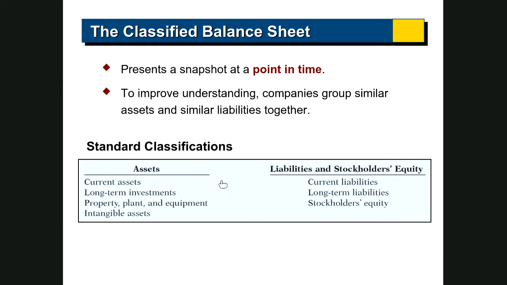We have assets on one side, and we have liabilities and stockholders' equity on the other side. And underneath assets, you see these classifications: current assets, long-term investments, property, plant, and equipment, and intangible assets. On the other side, you have current liabilities, long-term liabilities, and stockholders' equity.